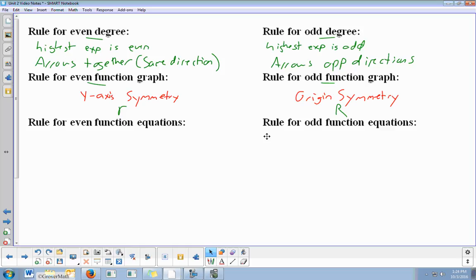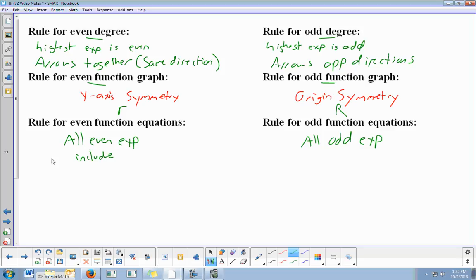Now, how can you tell this just by looking at the equations? It's actually pretty easy. An even function has all even exponents. An odd function has all odd exponents. The one exception here is that even functions can include constants.